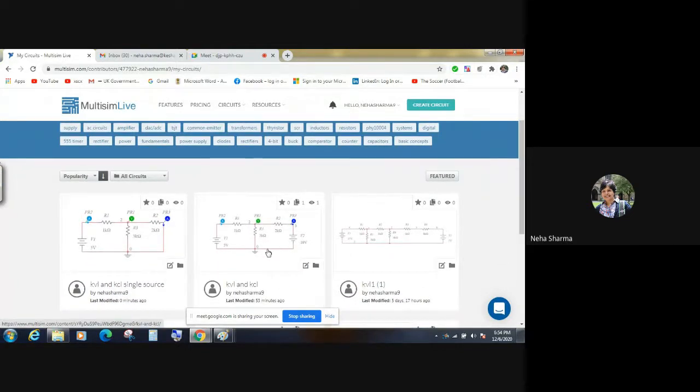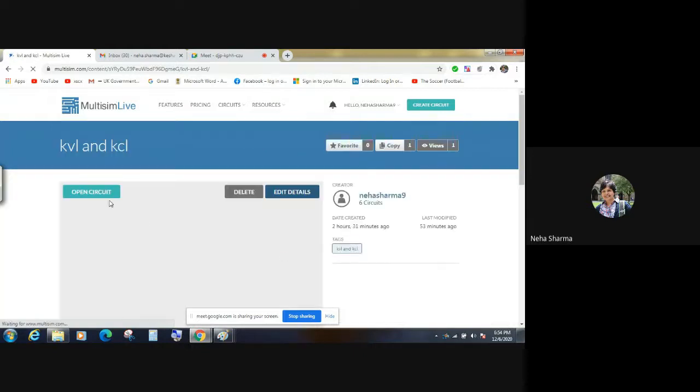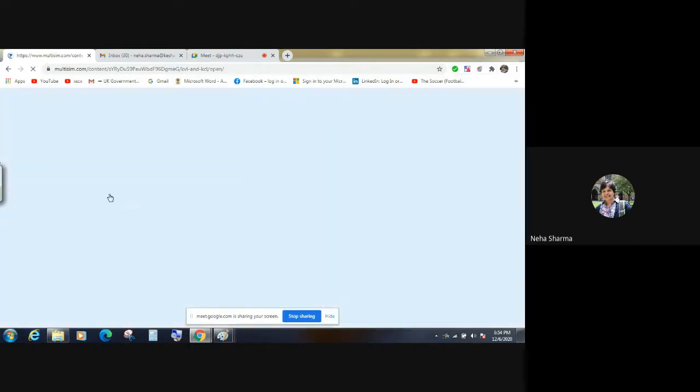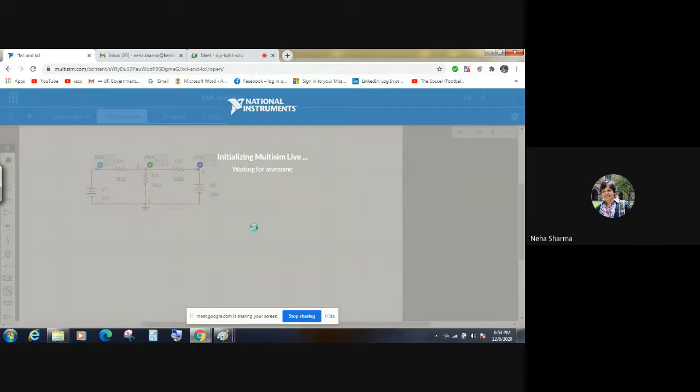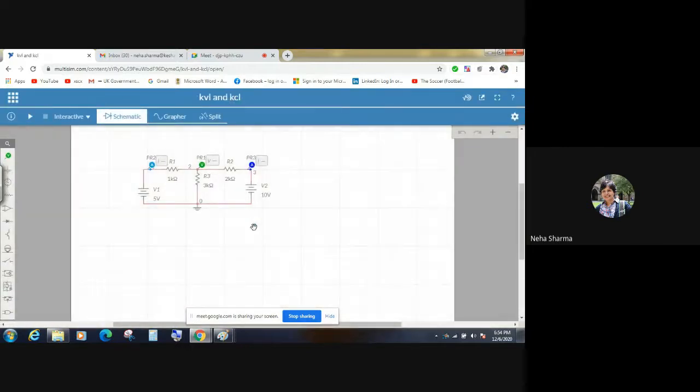Here I can find one. Let's click this and open it. You can see that this is the same circuit that we have already solved. Let's see what results we get and whether they are the same. For that, we have to run it.